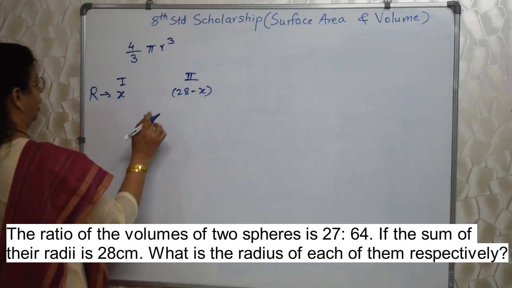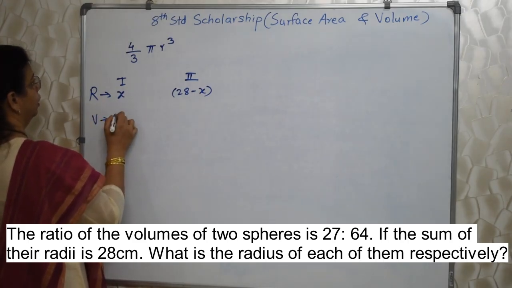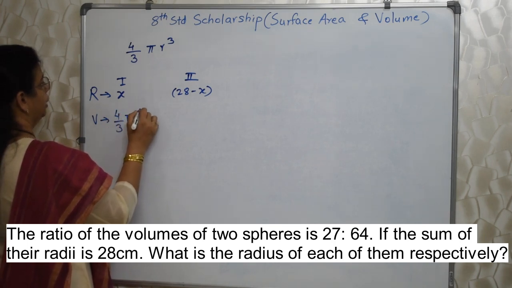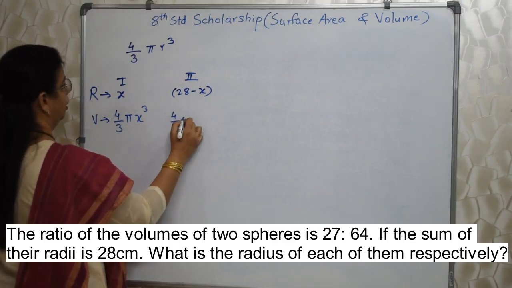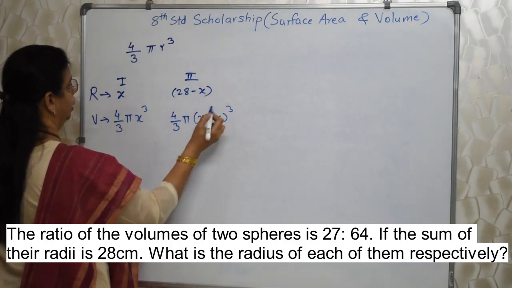So we can do this, right? Now let's write the volume of this, 4 upon 3 pi x cube, and here we can write 4 upon 3 pi (28 minus x) cube, right?